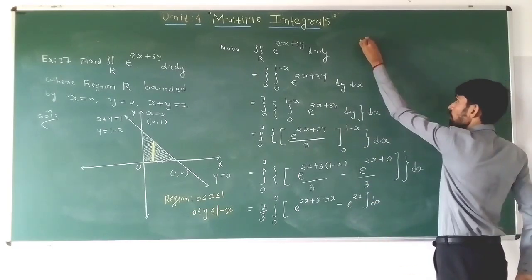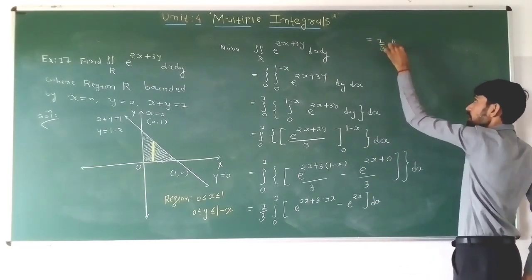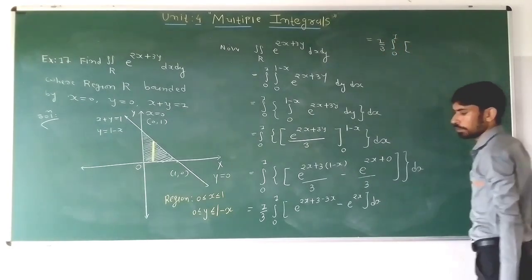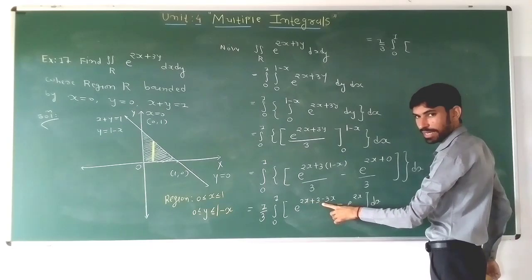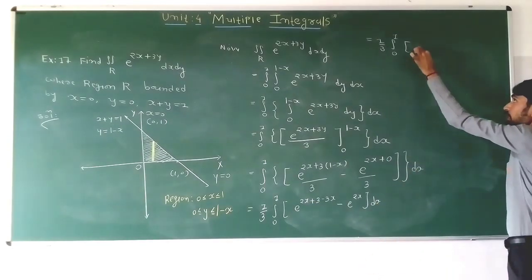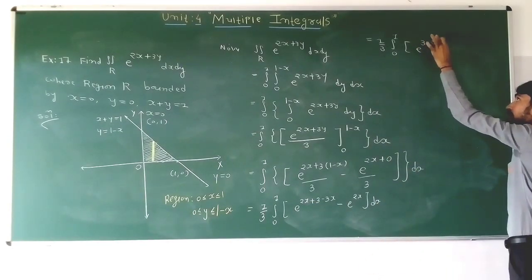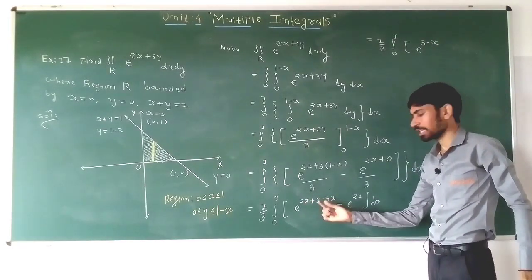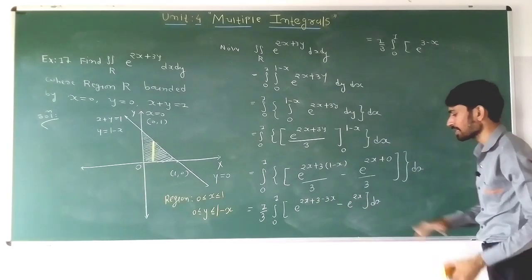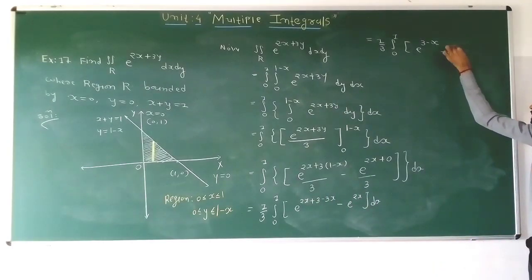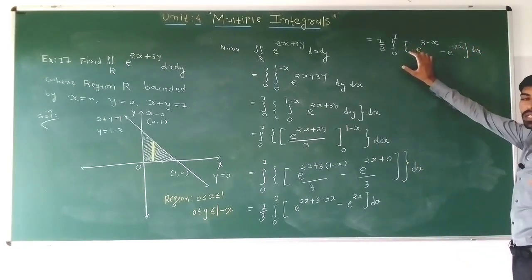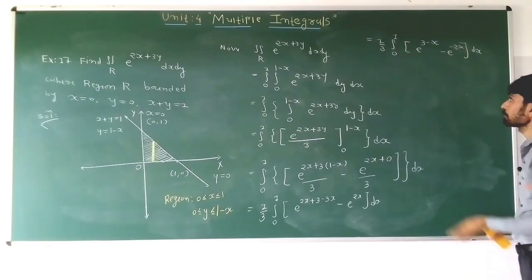Now just solve this: 1 upon 3, integration 0 to 1. Now see, 2x minus 3x remains minus x. So e raised to 3 minus x. 2x plus 3 minus 3x, that means 3 minus x remains, minus e raised to 2x as it is, into dx. Now here we are doing the integration of this function with respect to x.